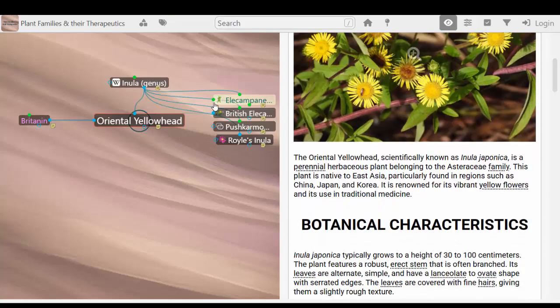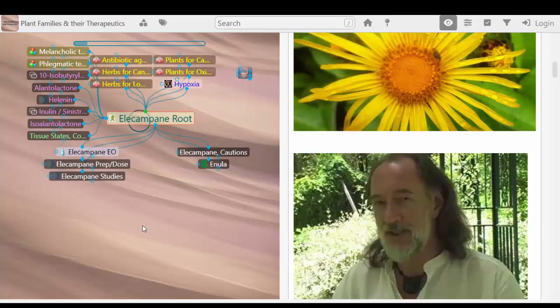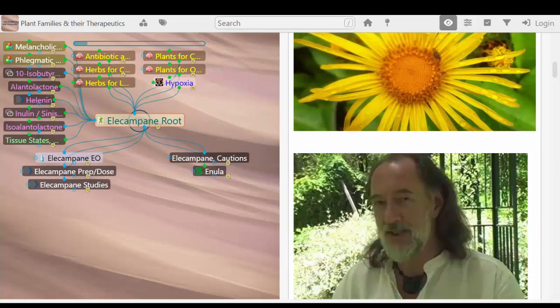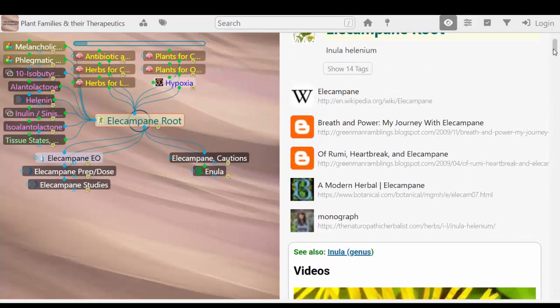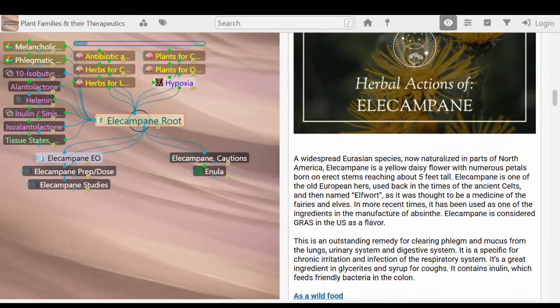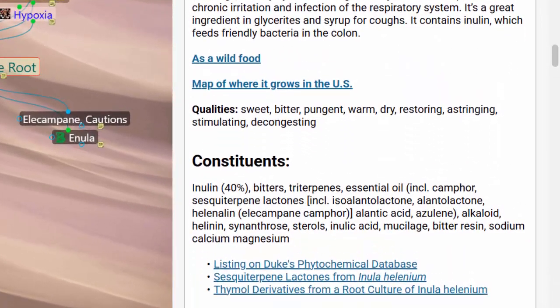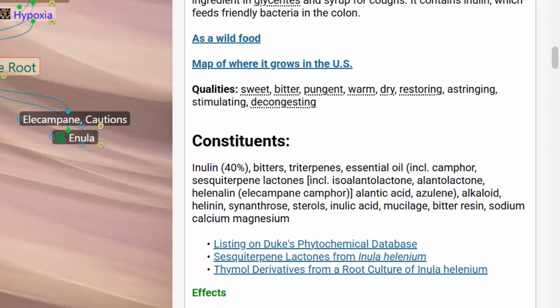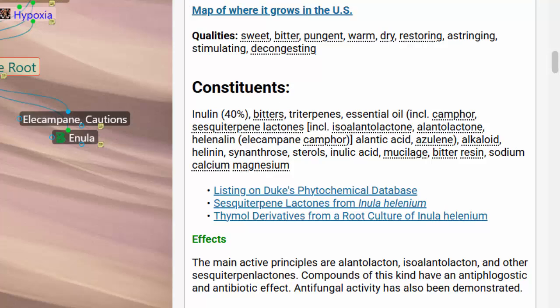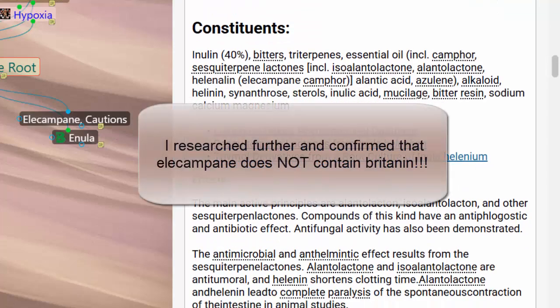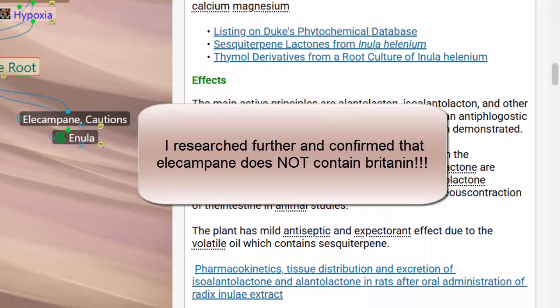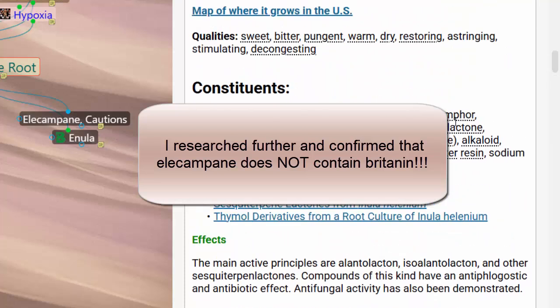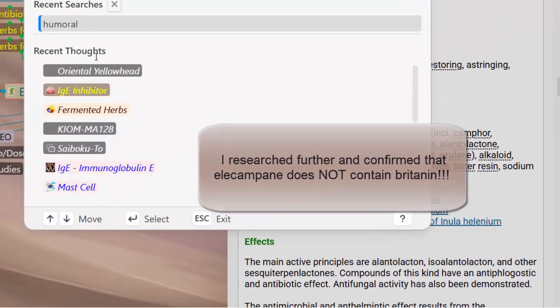So possibly, see, does elecampane contain Britannin? Scrolling through this to see. I don't see it here, but it may be there. I'll have to do some more research on this and see if it also contains Britannin, because it's the Britannin that seems to be effective.